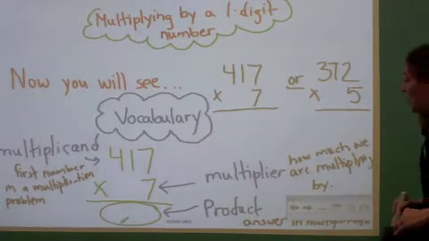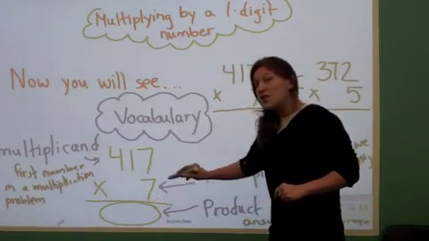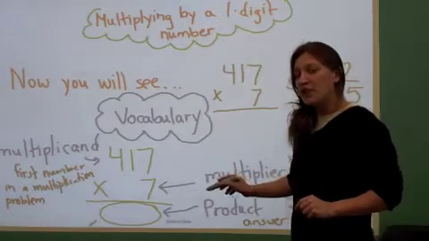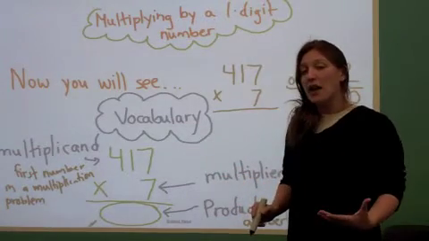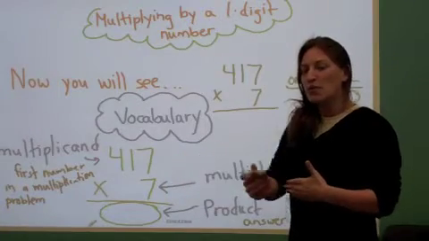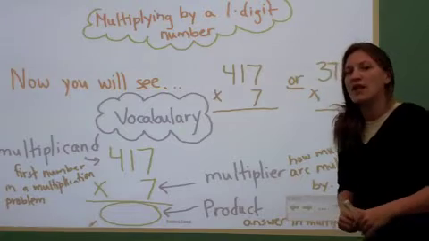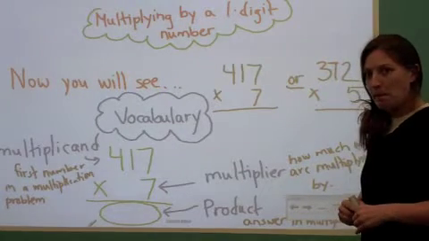And lastly, we have the answer to a multiplication problem. So all of the answers to multiplication problems are called the product. So what is the product? The product is the answer to the multiplication problem. Go ahead and make sure that you have all of these notes taken in your notebooks now.